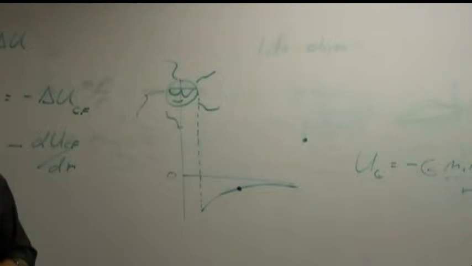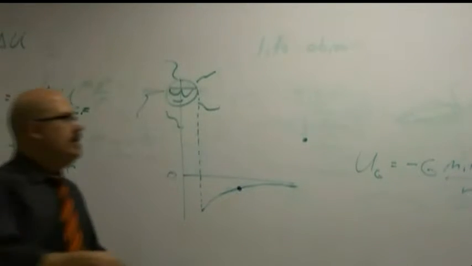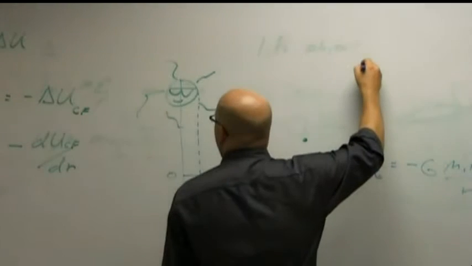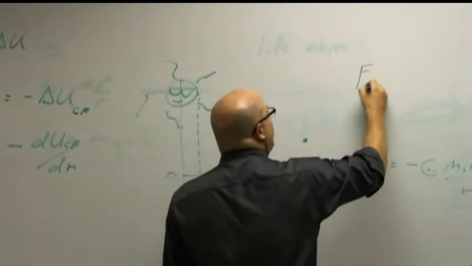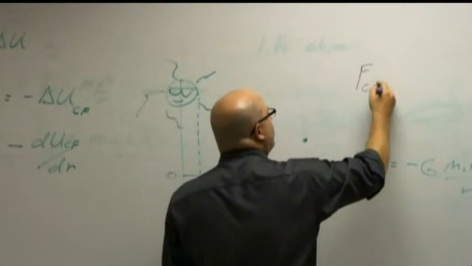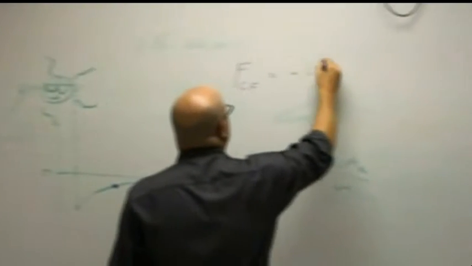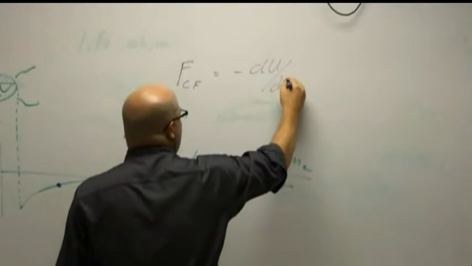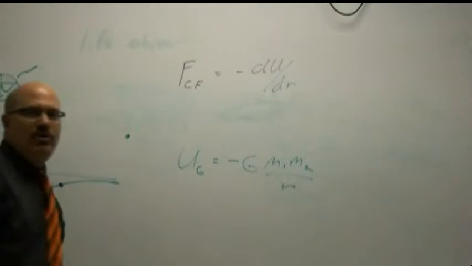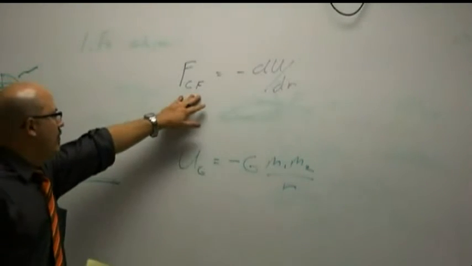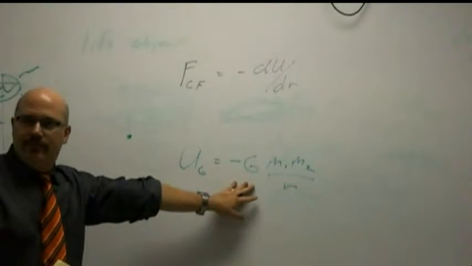Now, everyone, here you go. F, the conservative force, equals negative dU/dr. Will you please figure out what the conservative force is for this?